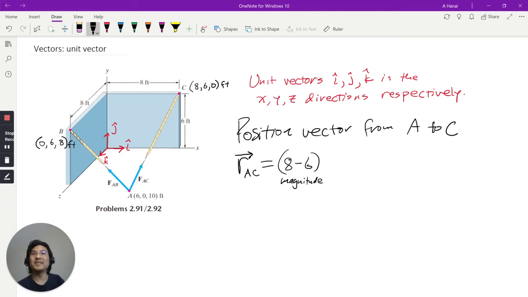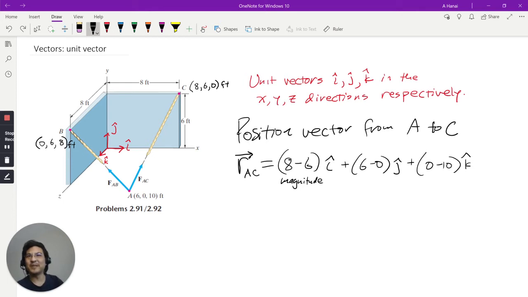The direction is i hat, in the x direction. In the y direction, the magnitude is 6 minus 0, and the direction is j hat, the unit vector pointing in the y direction. In the z direction, it's 0 minus 10, and that's the unit vector k hat.